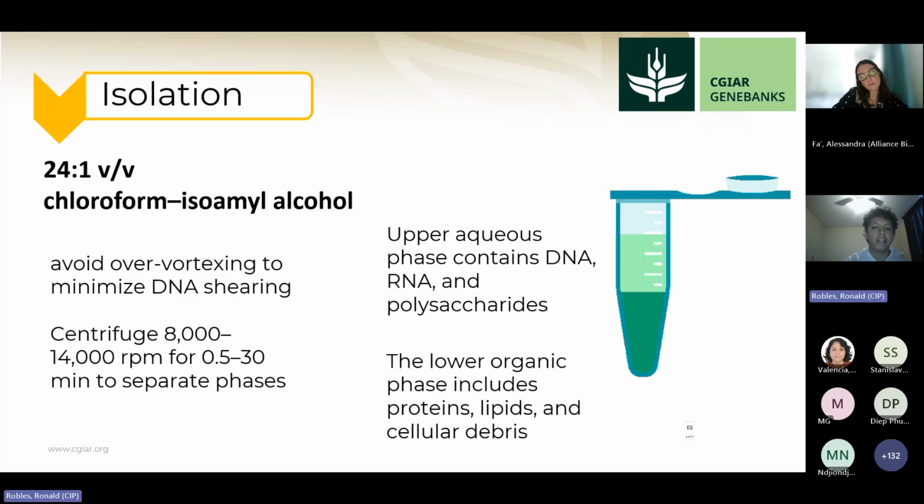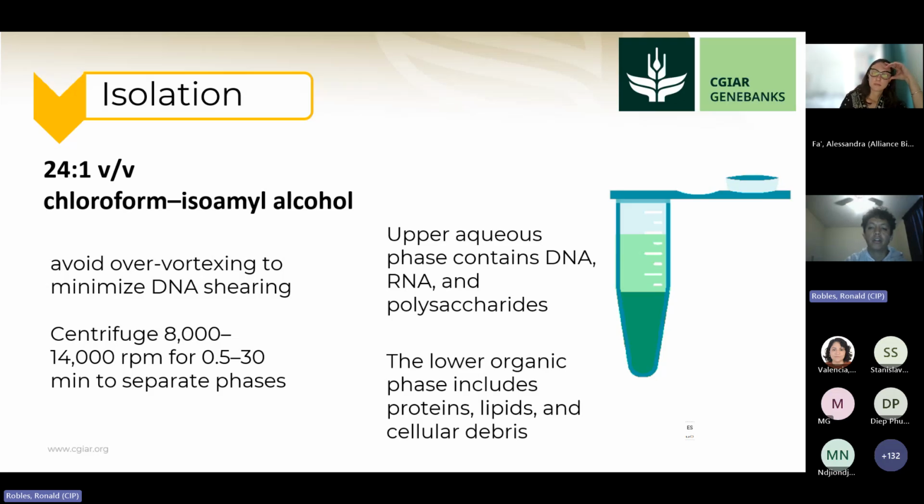Now we go into the next step. Here is the isolation of the DNA. This mix of compounds must be separated, and we obtain this by combining with chloroform, the principal solvent here. Its action is to solubilize the proteins and other organic compounds, to remove them from the DNA.